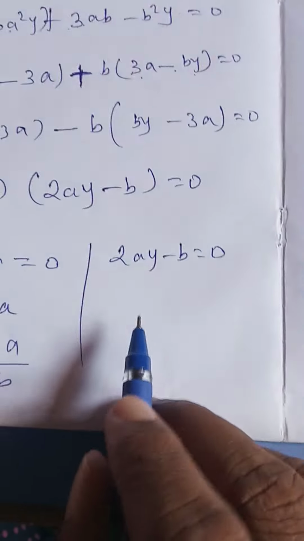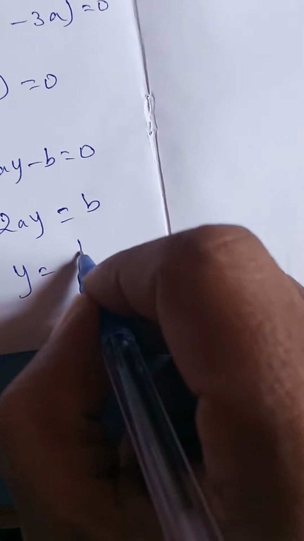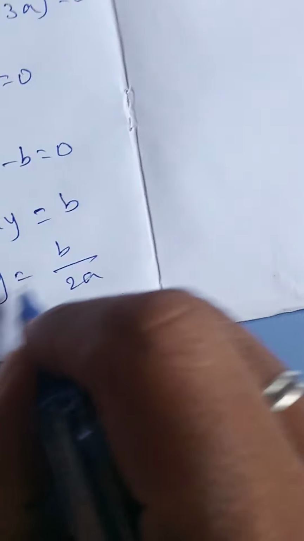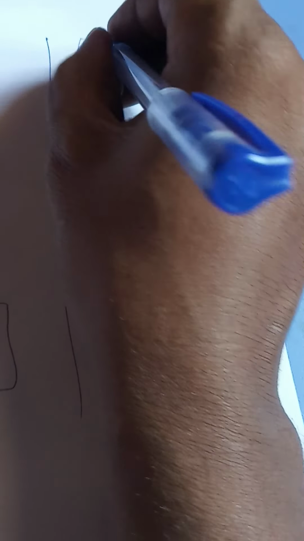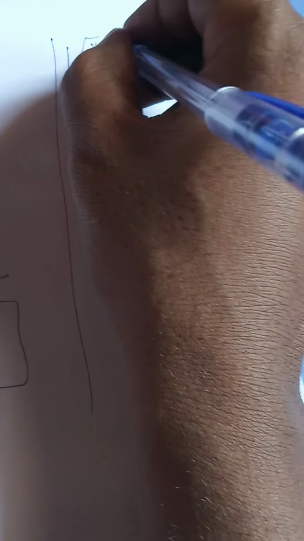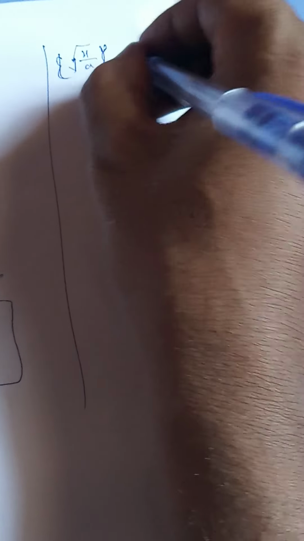Then another root: 2ay minus b is equal to 0. 2ay is equal to minus b, right hand side plus b, then divide by 2a. Okay, y is equal to b by 2a. Then the y value: root of x by a is equal to b divided by 2a.